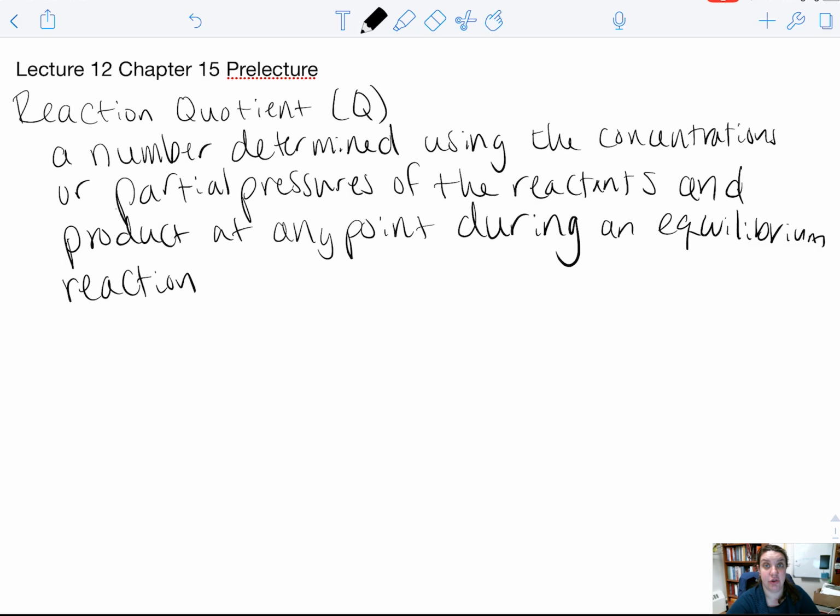So not necessarily during, not necessarily after we've reached equilibrium.